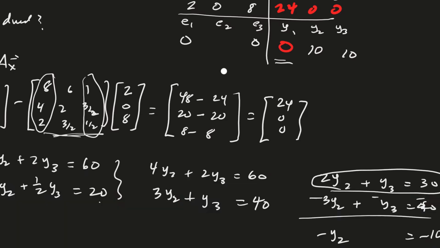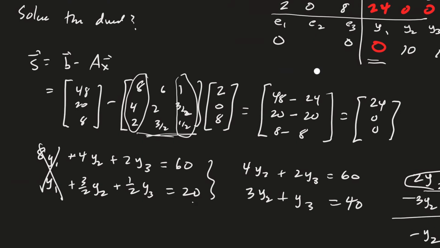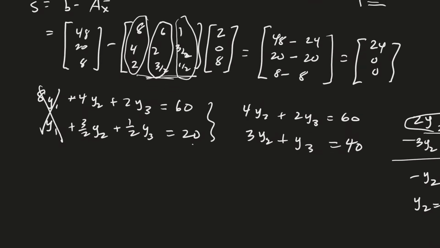And so y2 is equal to 10, and then using this equation, I see that y3 is also equal to 10. Very good. So now we've got our solution. This is 10 and 10, and from that we could even get our e2 if we wanted to. Let's see, where is e2? We can get that from our 6, 2, and 3 halves equation, right? So we have 6y1 plus 2y2 plus 3 halves y3 minus e2 is equal to 30.